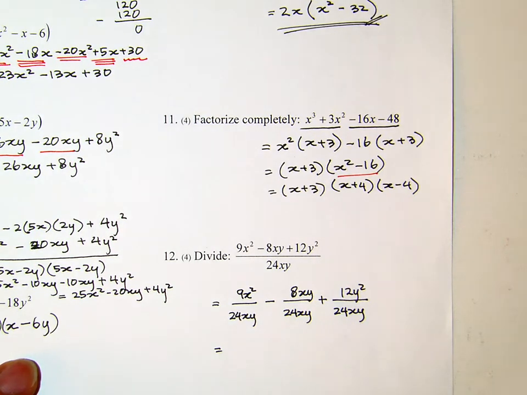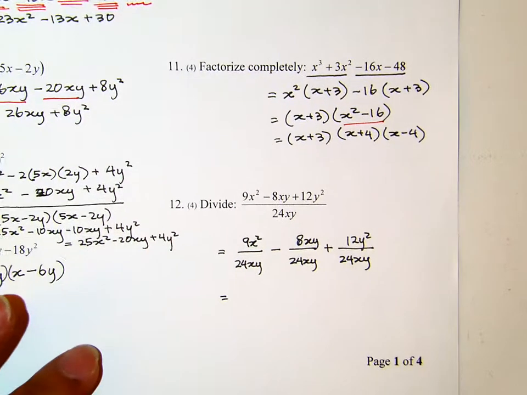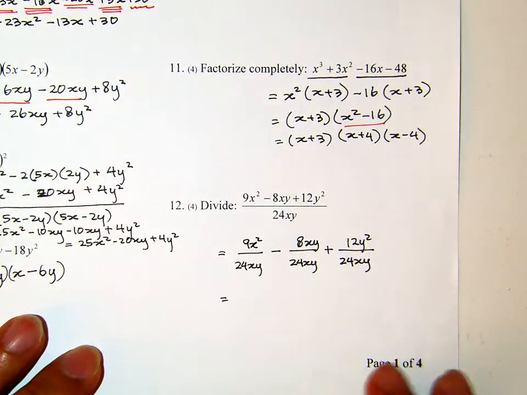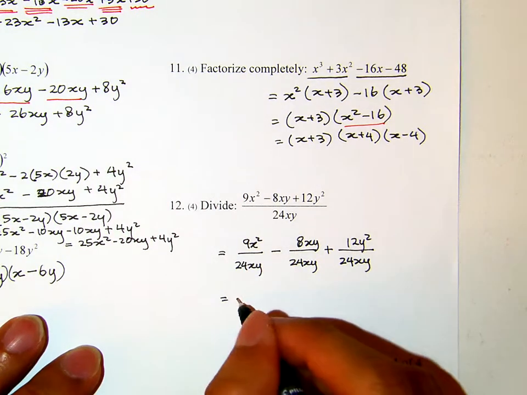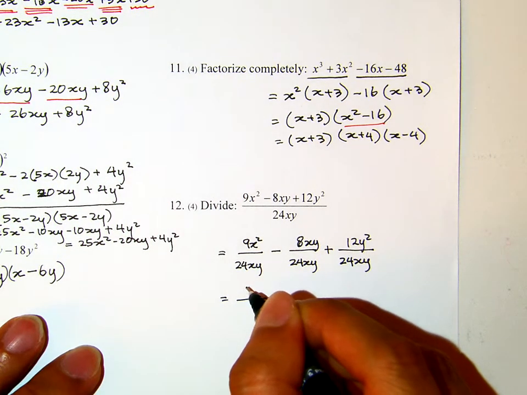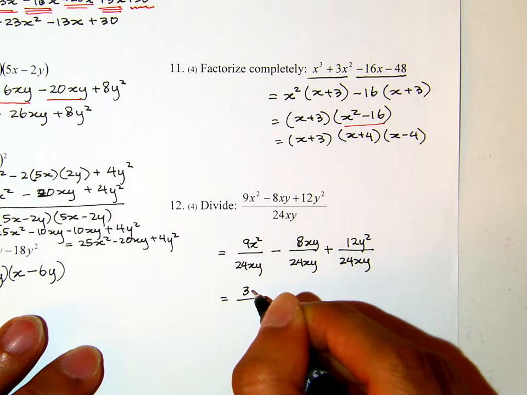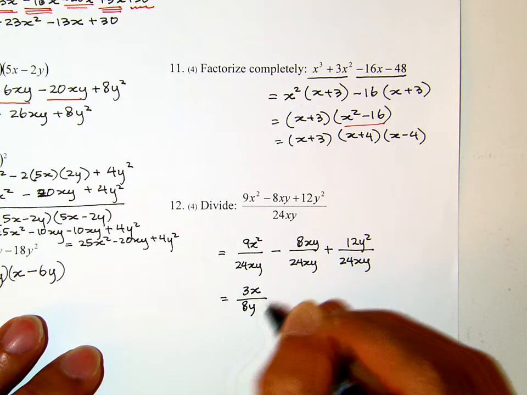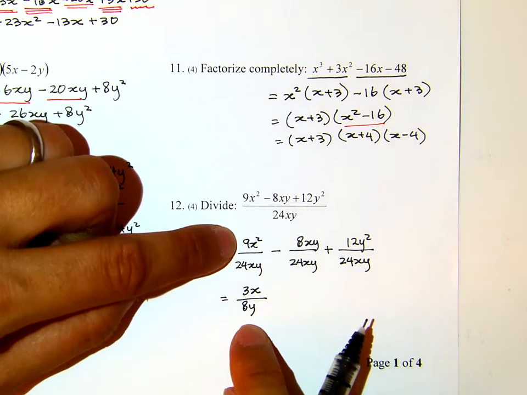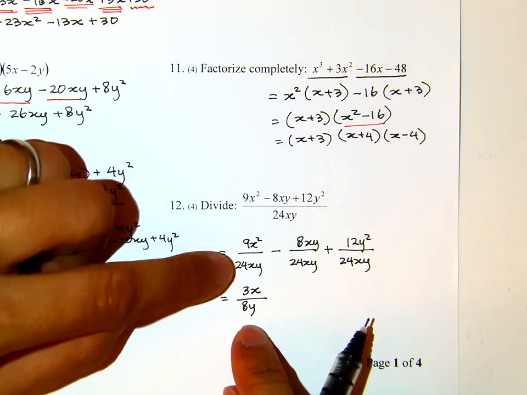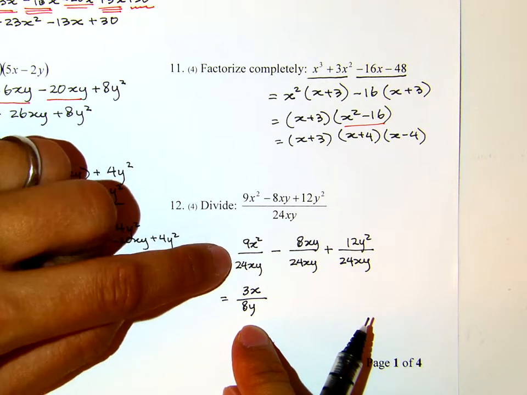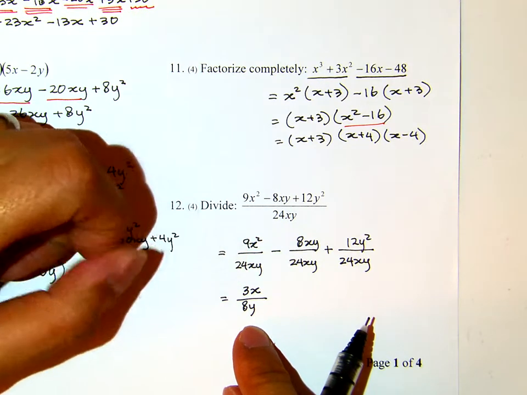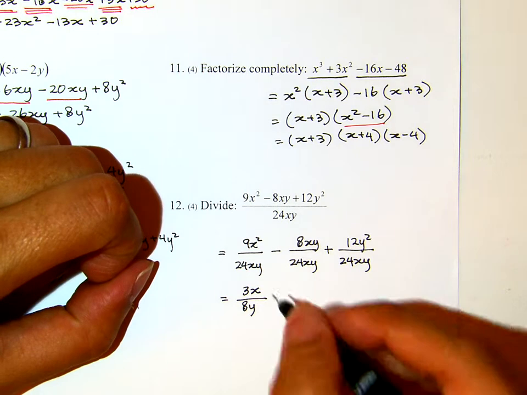Now, what I will do next is simplify each rational expression. Here, I can reduce by 3x, I believe, so this becomes 3x, and at the bottom I have 8y. Okay, so imagine if you divide the top, for the numbers you reduce by 3, and for the variable you cancel 1x, right?